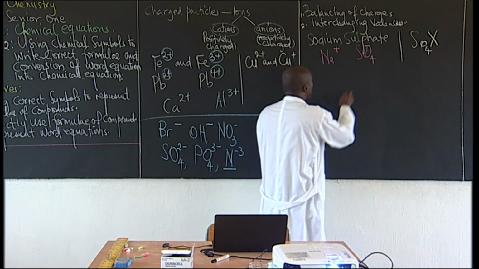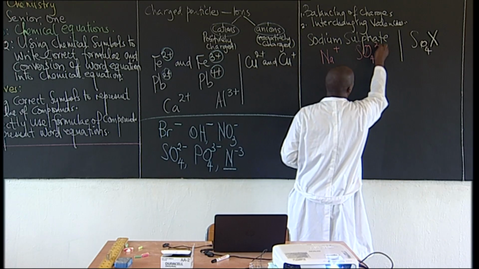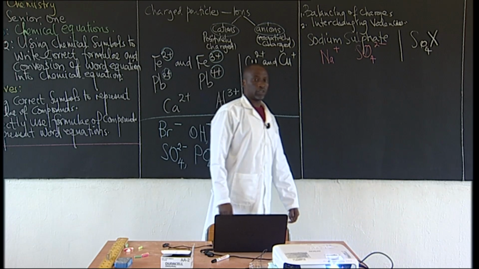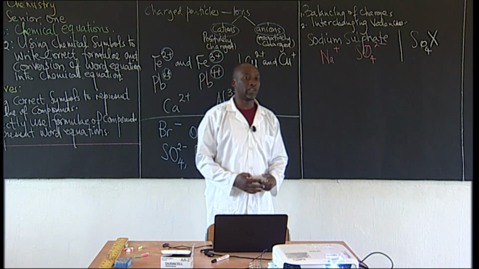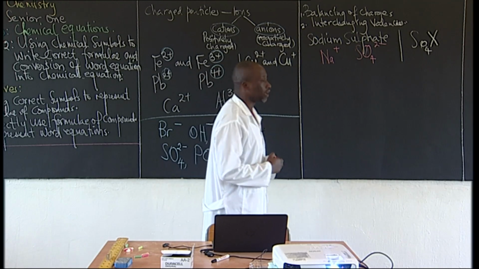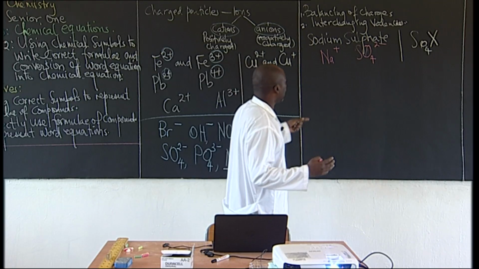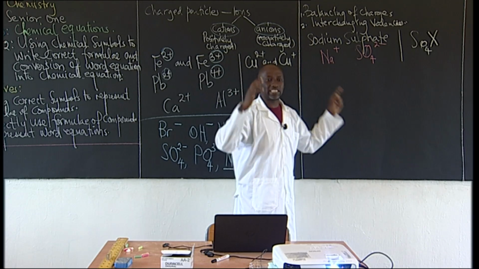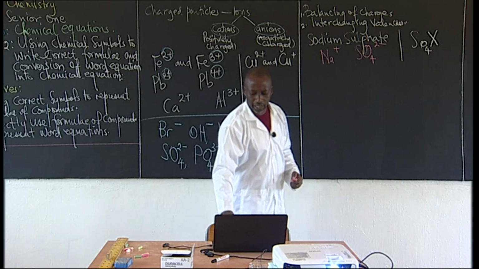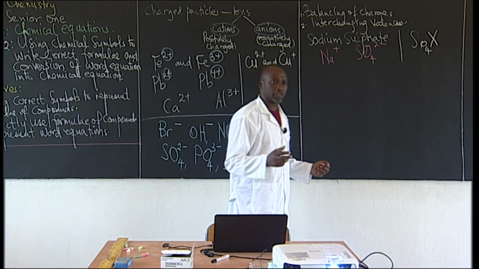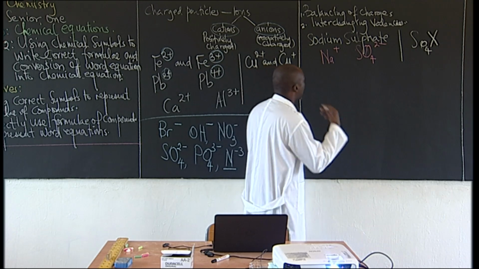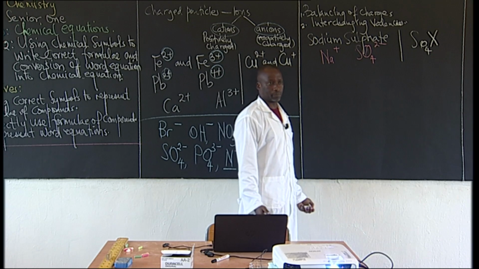What is the charge on this? We said -2. Now, after knowing that, things become very simple. You need to balance the charges. The number of charges must balance. How do you balance them?